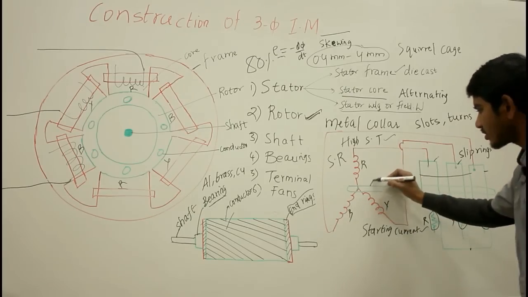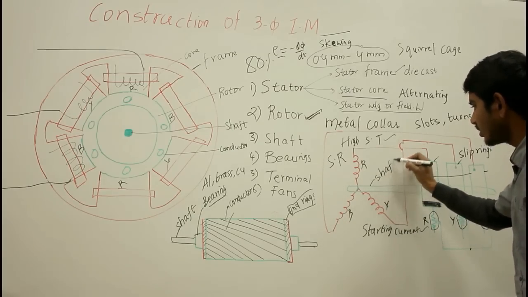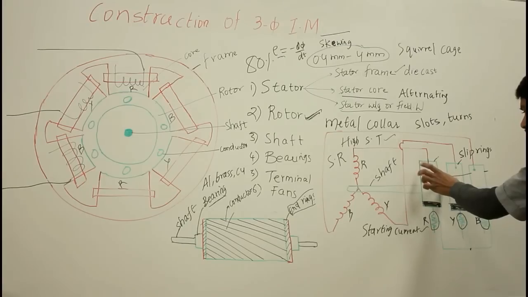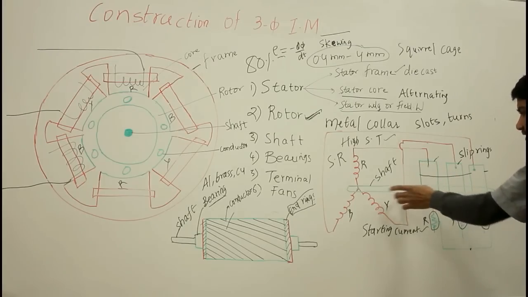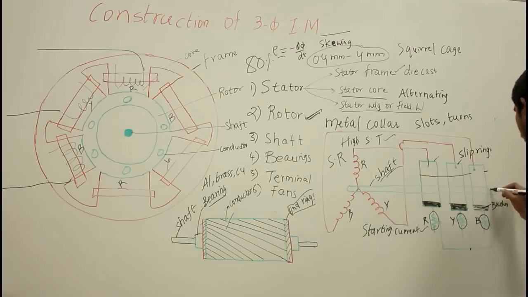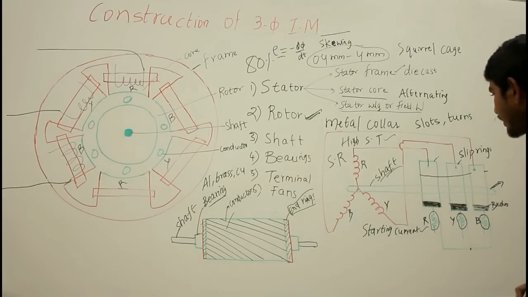So here this is your shaft. As the name suggests, in the slip ring type of induction motor, the slip rings are connected to the shaft same as that of the rotor. This shaft is connected to the mechanical load.